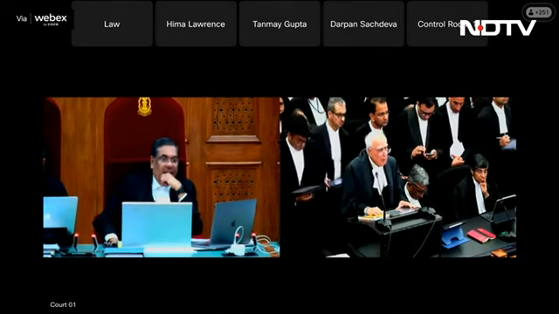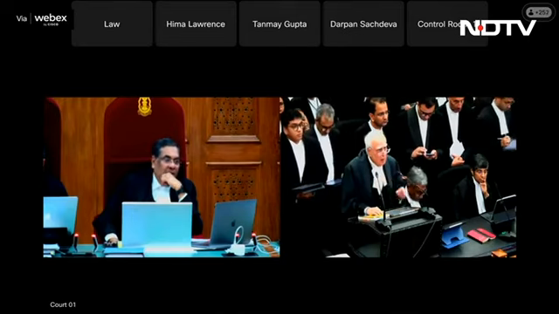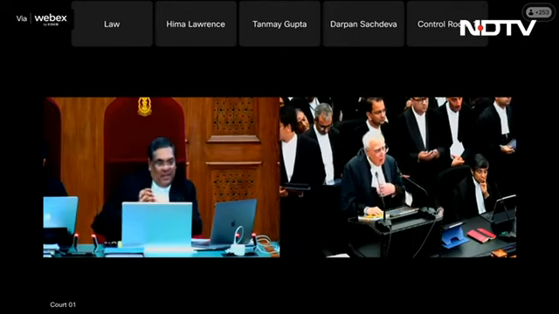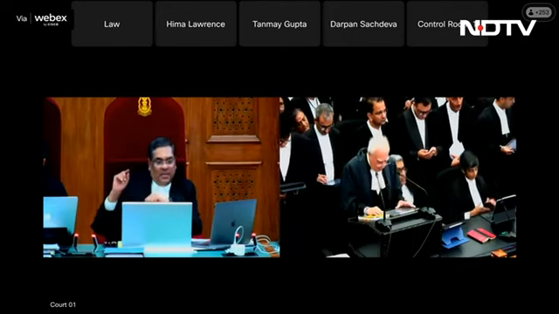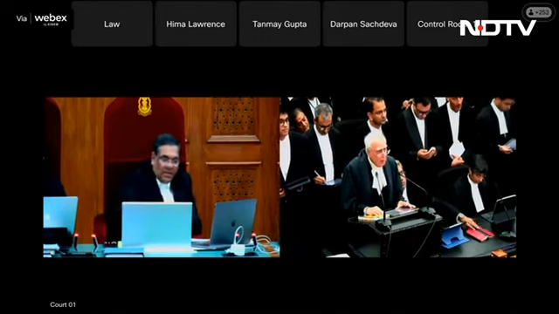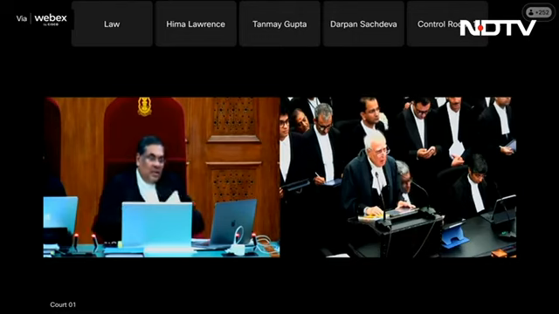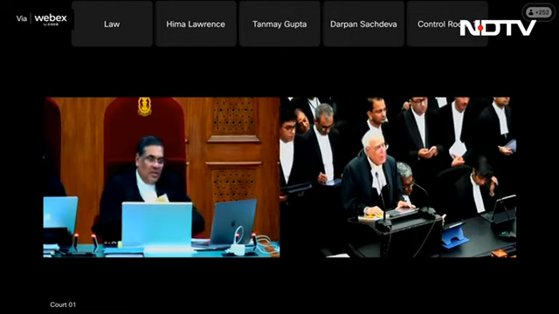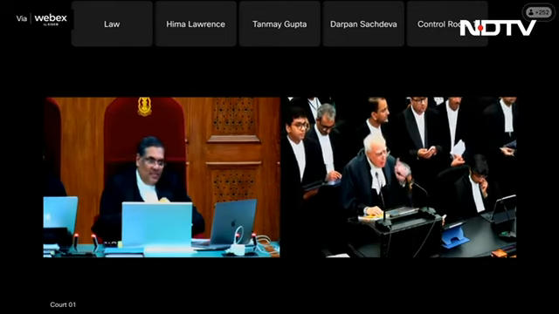Whereas, as per clause 3 of Article 370, it's not the amendment which is applicable. As per that, it's the consent or the consultation or the recommendation. Neither consent nor consultation. It's a recommendation.